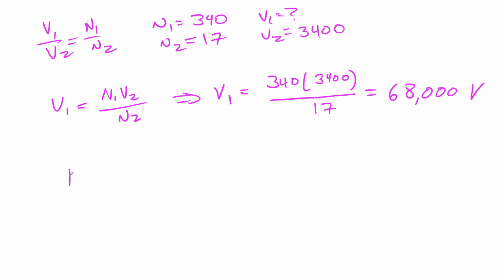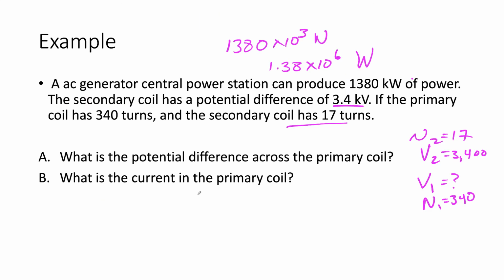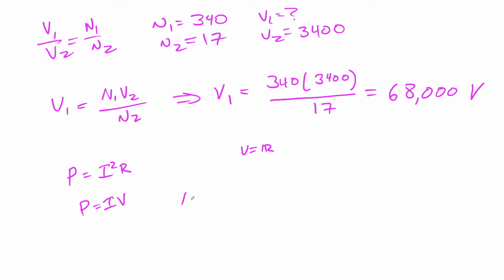So, power, remember, is I squared R. V is equal to IR. We're looking for I, and we know the voltage. So P is equal to I times V. So current times voltage is equal to power. We know the power. That's 1.38 times 10 to the 6 divided by the voltage, which is 68,000.